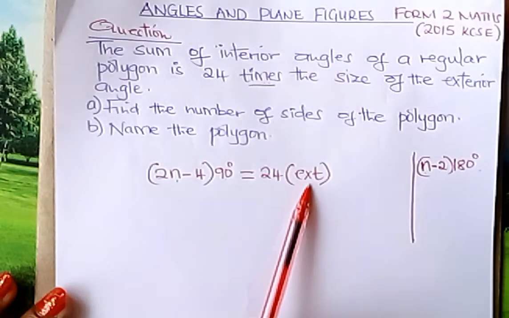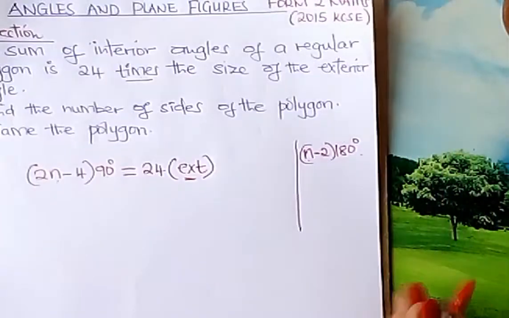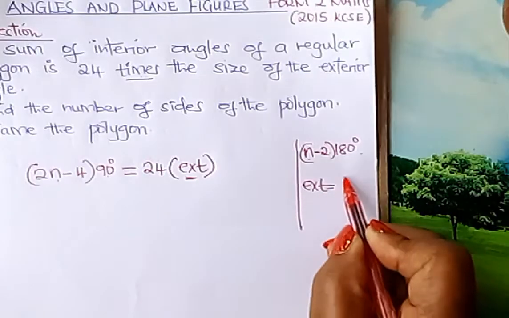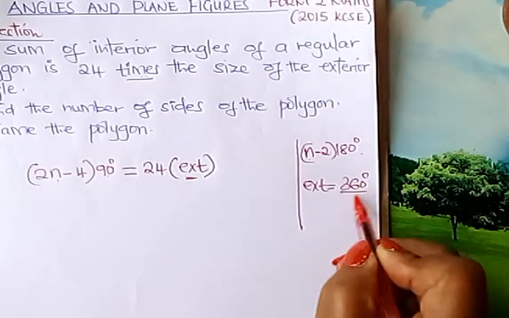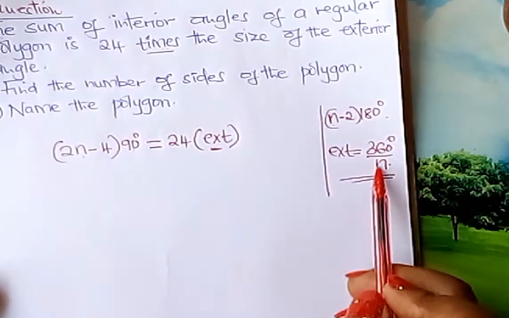So from here, learner, you express the exterior angle in terms of n. We learned that the exterior angle is given by 360 degrees over n.